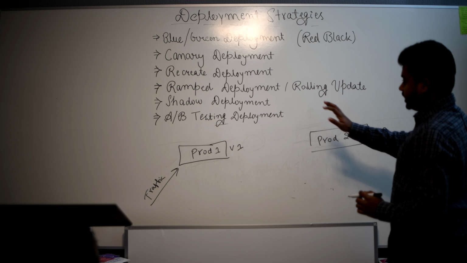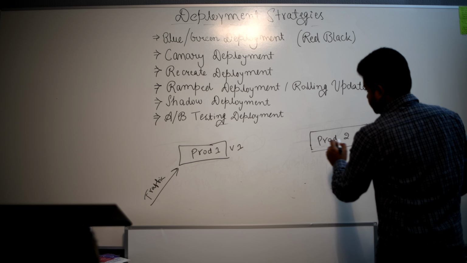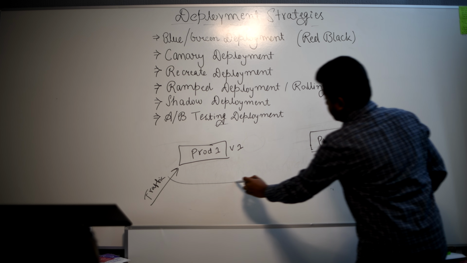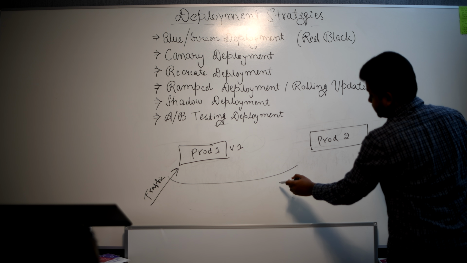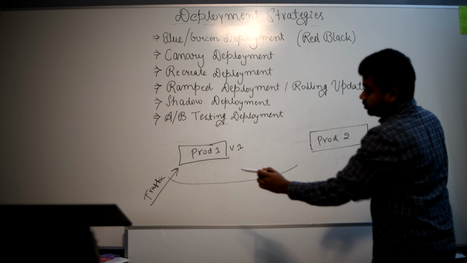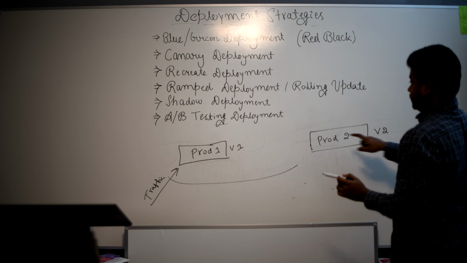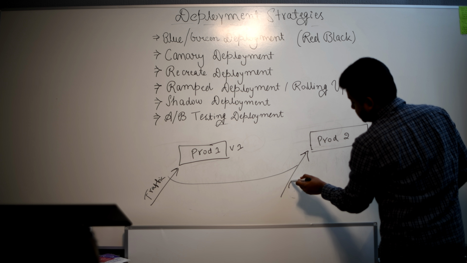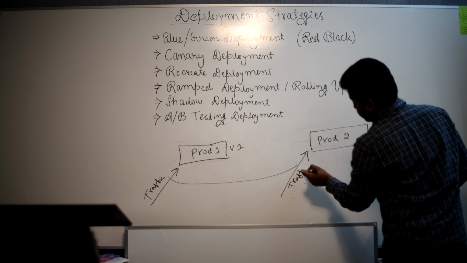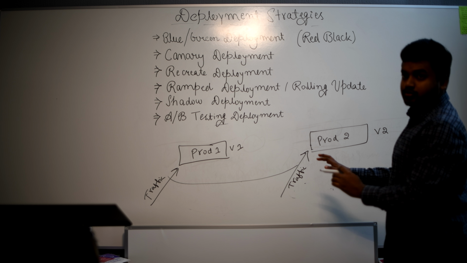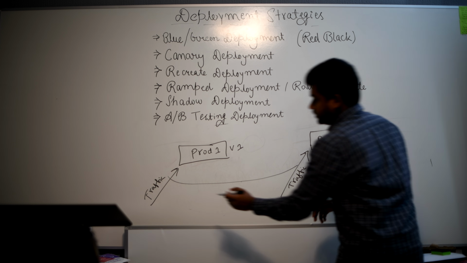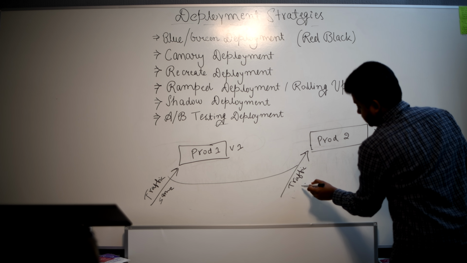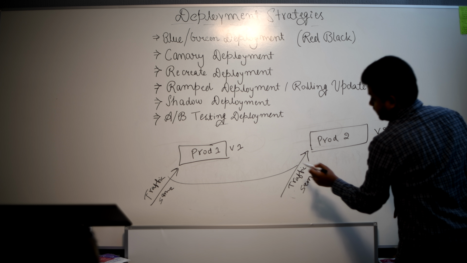So in shadow deployment, what we do, the live traffic, similar traffic, is routed to these two environments with v1 and v2. This production 2 will also receive the same traffic. The traffic will be the same. It is not divided into percentage or chunks. This is exactly the same, and this is also exactly the same.